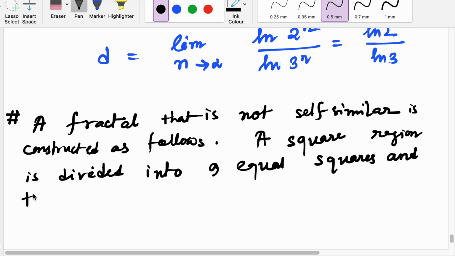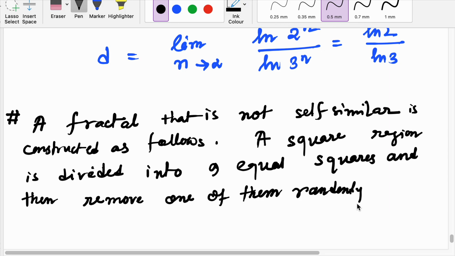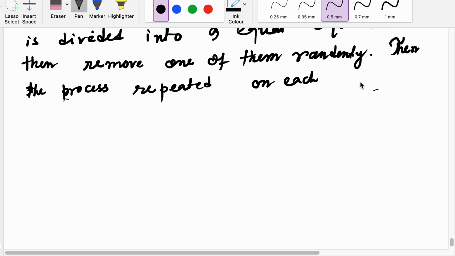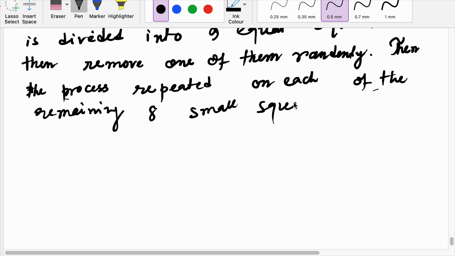And then remove one of them randomly. Then the process is repeated on each of the remaining 8 small squares, and so on.